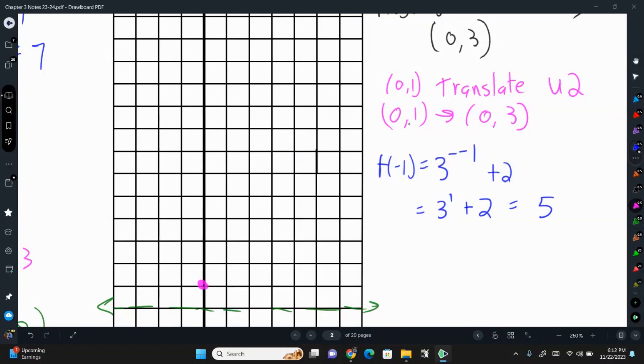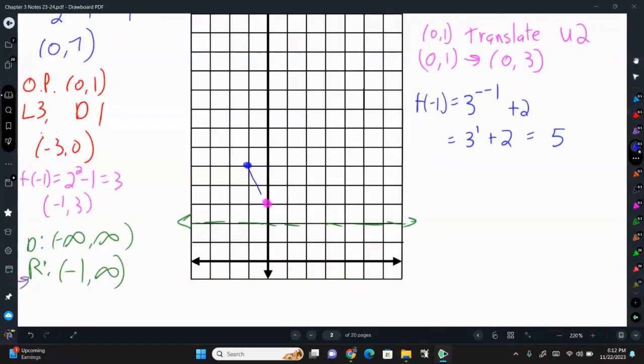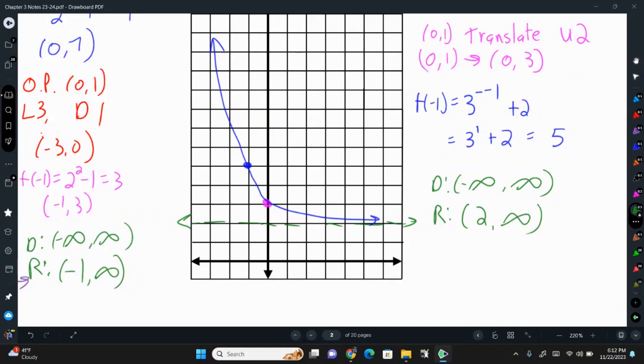So now we have negative 1, comma 5 as our other point. So now we have our 2 points, and we can graph. Domain, negative infinity, comma infinity, and our range is going to be positive 2, comma infinity.